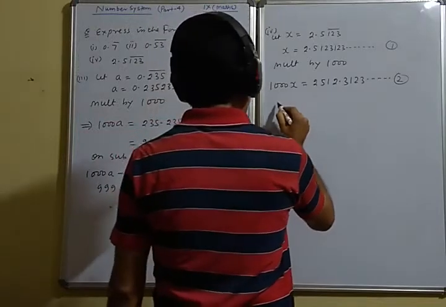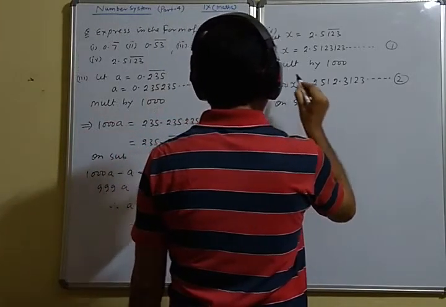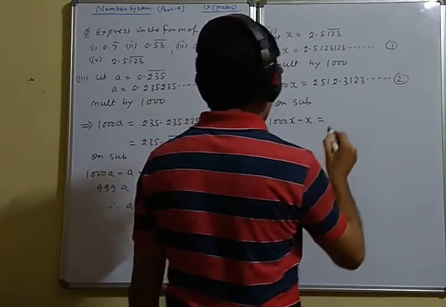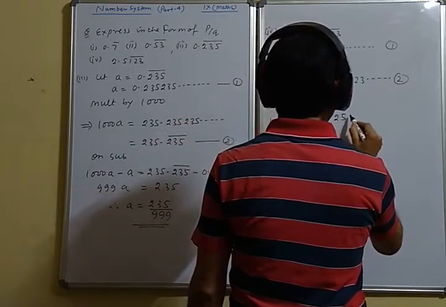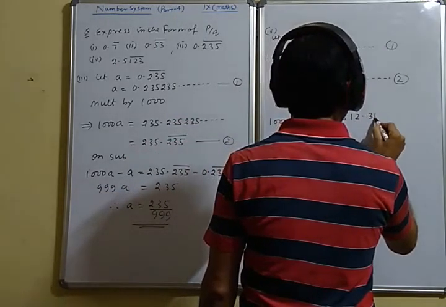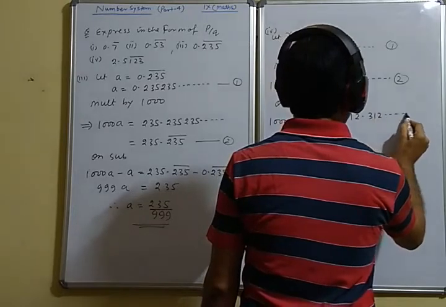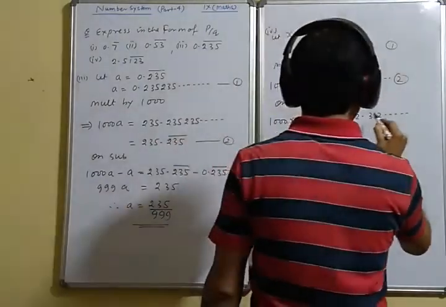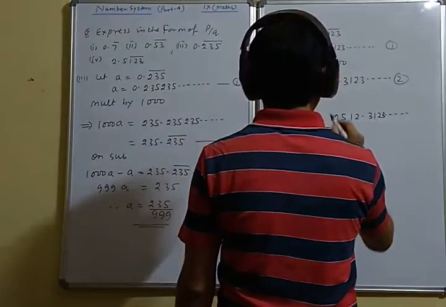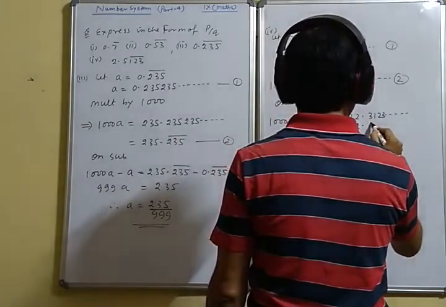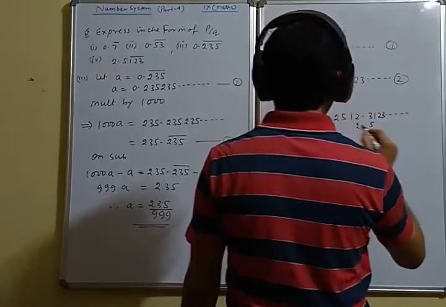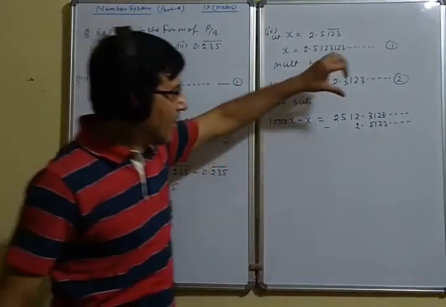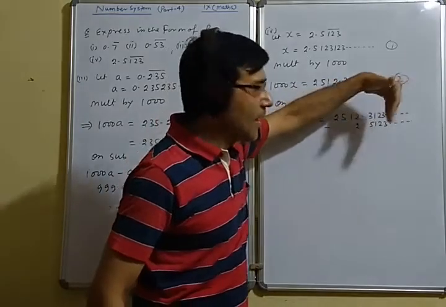So now on subtraction, 1000x minus x becomes, let us see the subtraction: 2512.312, and so on, minus 2.5, 123, 123, and so on.